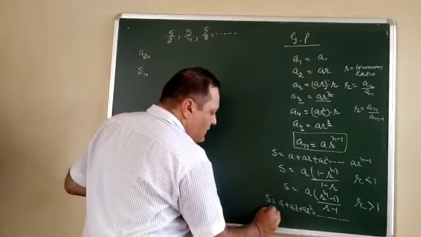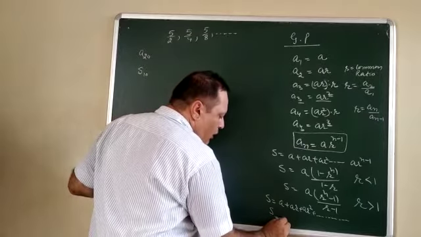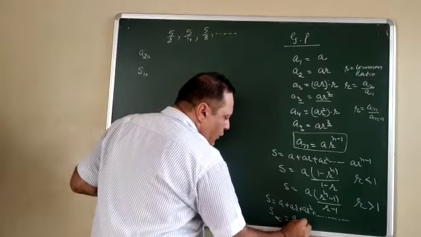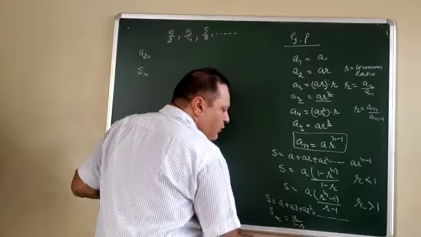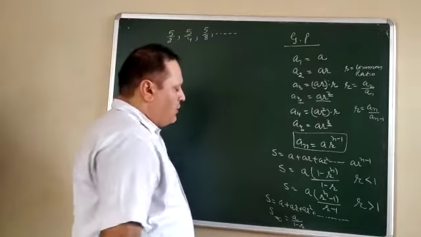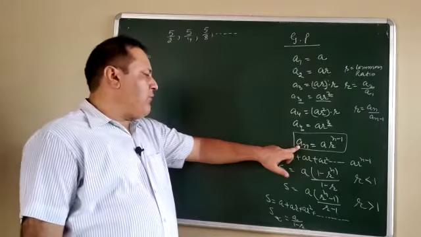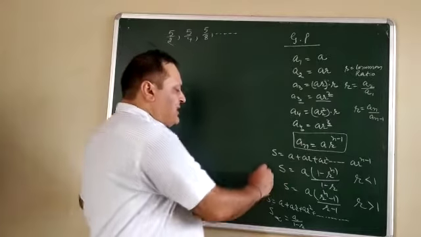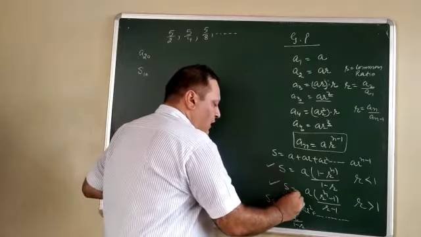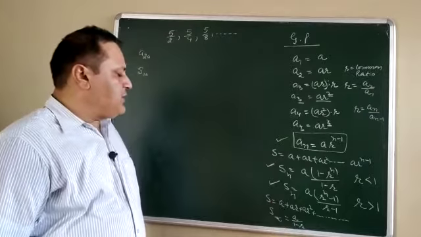In that case, S infinity equals a upon 1 minus r, and the value of r is always less than 1. So this is the formula for the nth term of the GP. These two are the formulas for Sn of the GP, and S infinity of the GP, a upon 1 minus r.